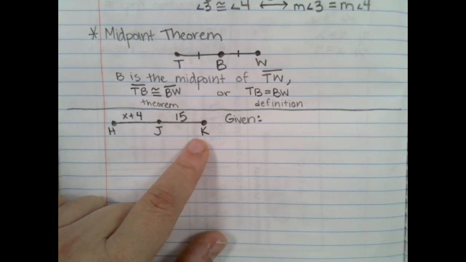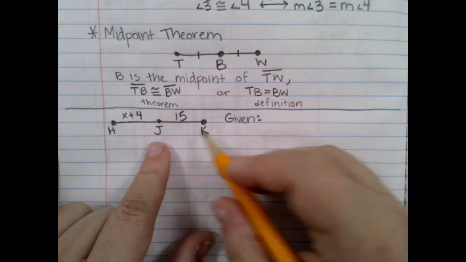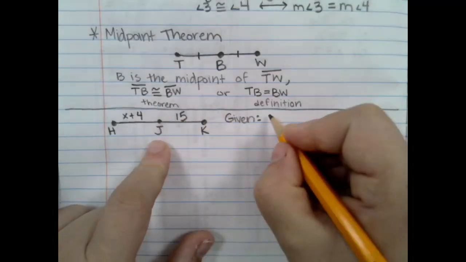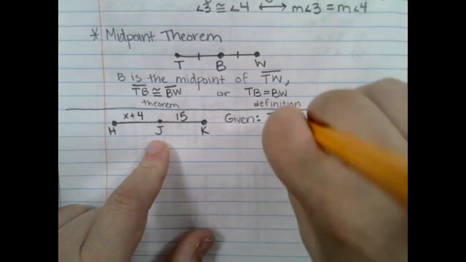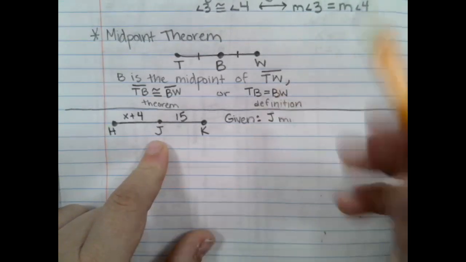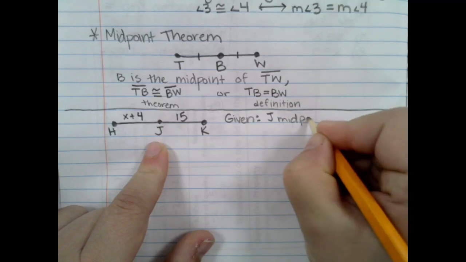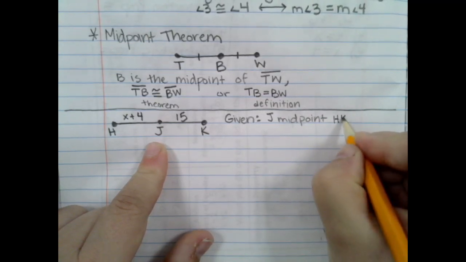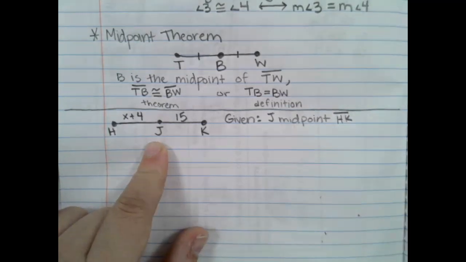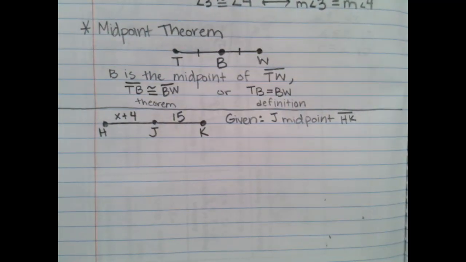What we're given is that J is the midpoint of HK. I'm not writing it all out because this is a lot to write. We get the idea. J is the midpoint of HK.